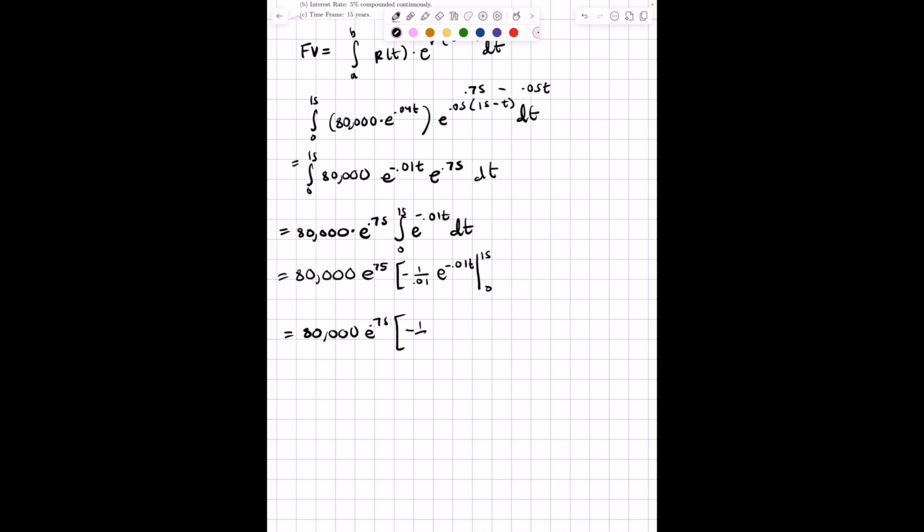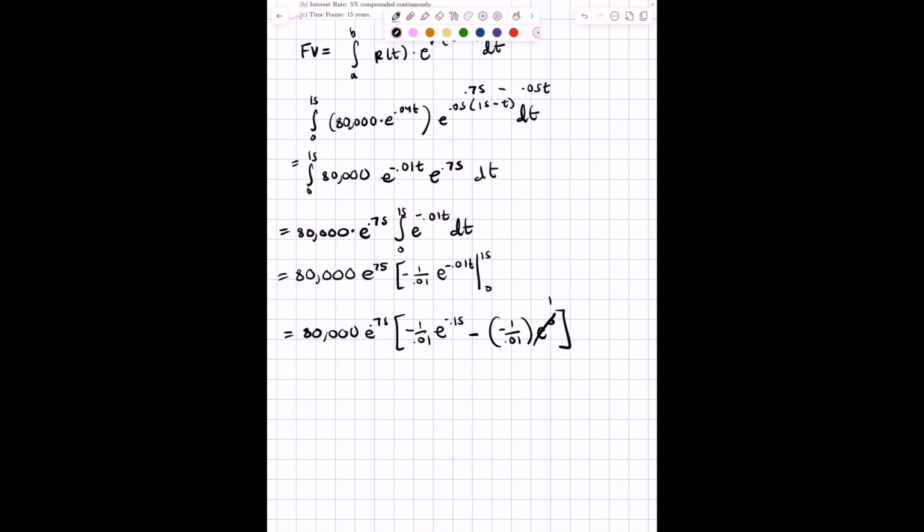So it's negative 1.01 e to the negative 0.01 times 15, which is negative 0.15, minus 0 e to the 0, which is just 1, minus negative e to the 0.